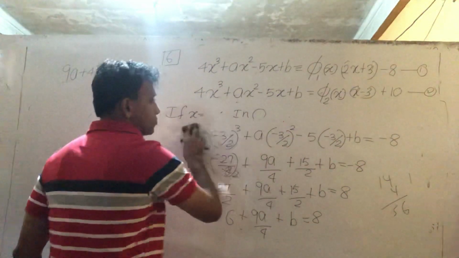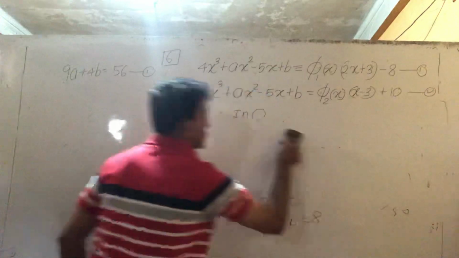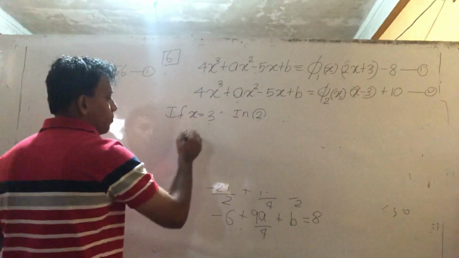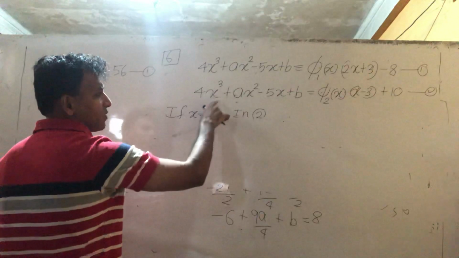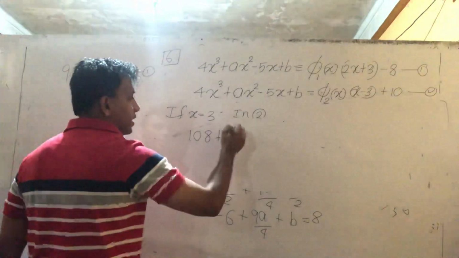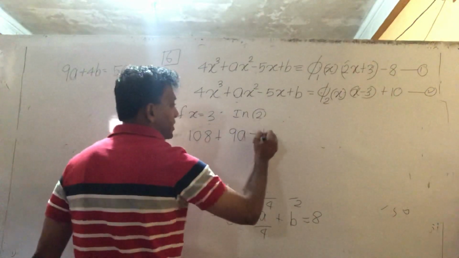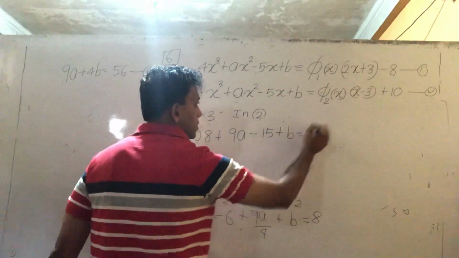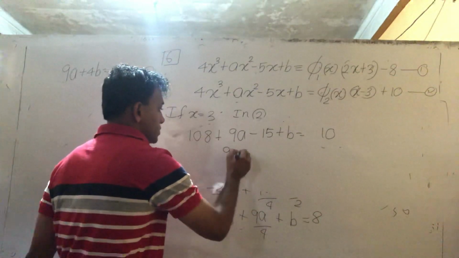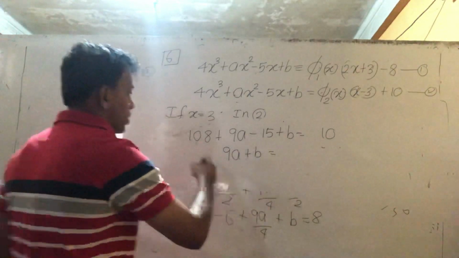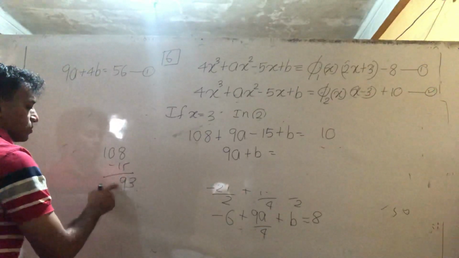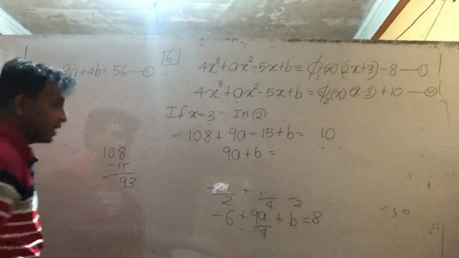So put x equal to 3 in the second equation. 4 times 27 is 108, plus 9a, minus 15 plus b equals 10. So 9a plus b equals 10 minus 108 plus 15, which is minus 83. Check that.